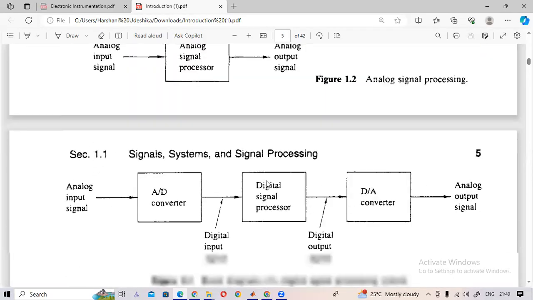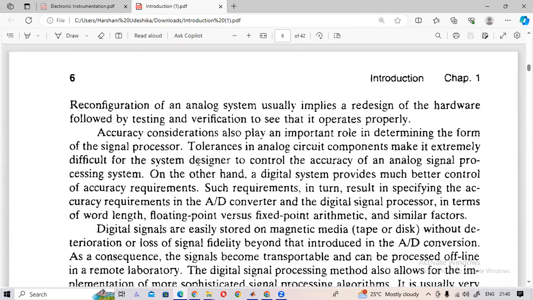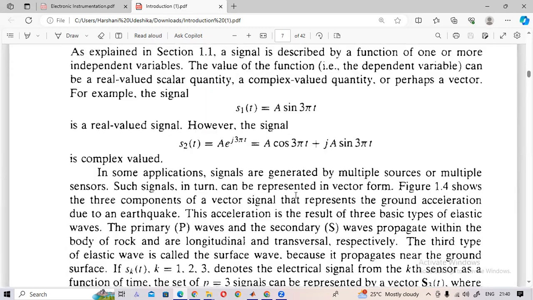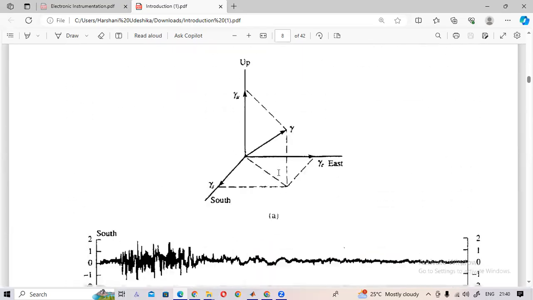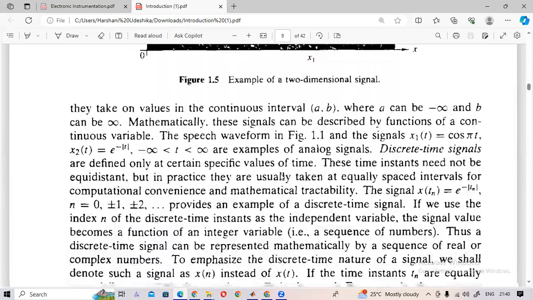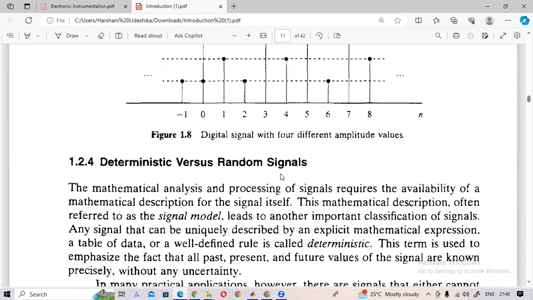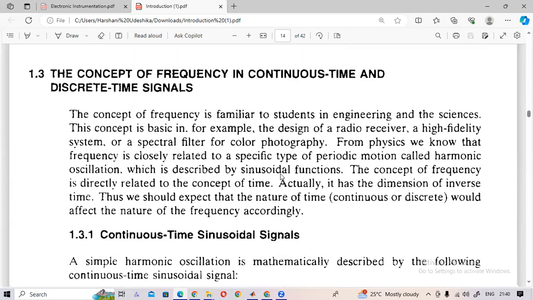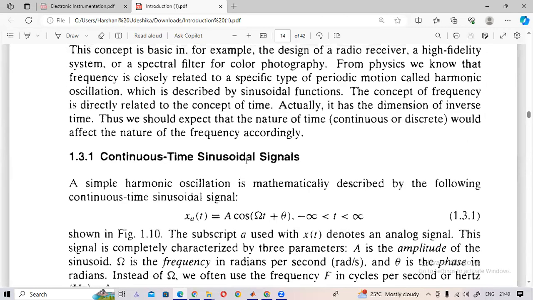Actually, these things are related to discrete time signals, the properties of discrete time signals. Okay. So there are some basic properties of discrete time signals, especially sinusoidal signals. So maybe we don't need to focus on these things very much.